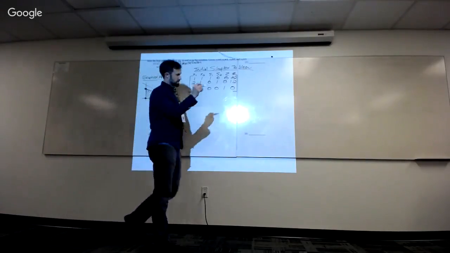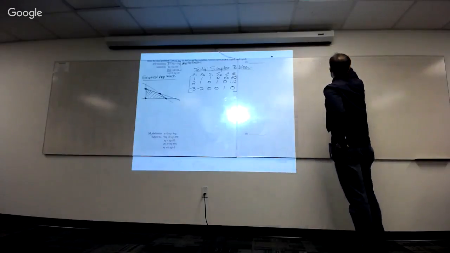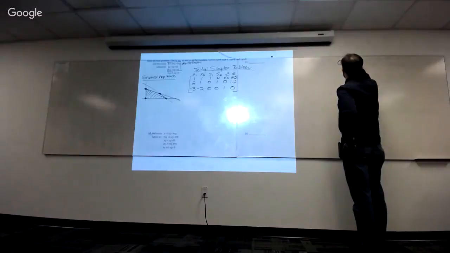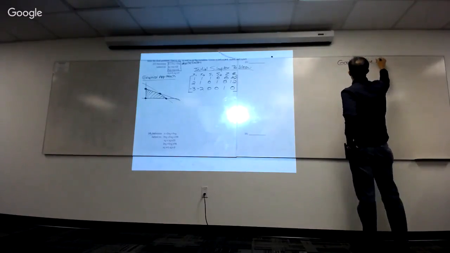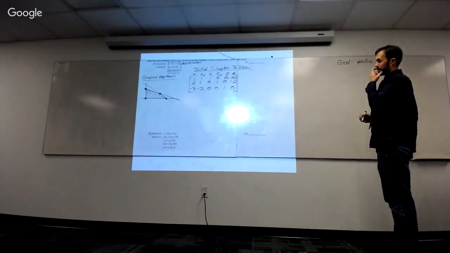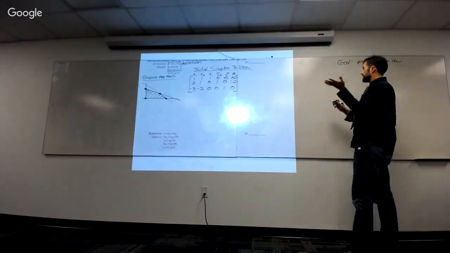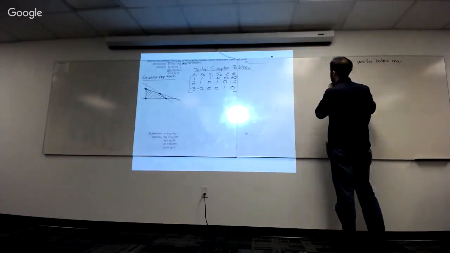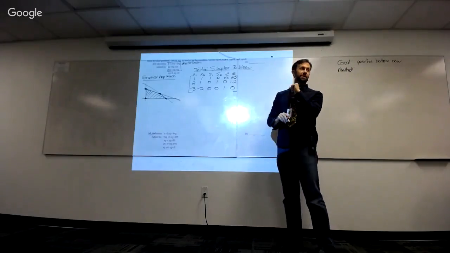So now what was our goal here? I'm going to come over here to write our goals. Get the bottom positive. Exactly right. The goal was positive bottom row. Okay, that's our goal, the positive bottom row. Our method, what did we say the method was? Our method was pivoting.